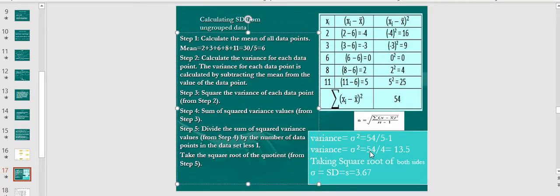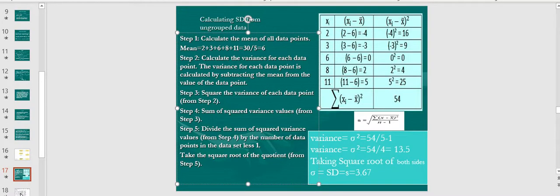Then taking the square root of both sides, we get the standard deviation, which is equal to 3.67. This is the calculation of standard deviation and the variance from the ungrouped data.